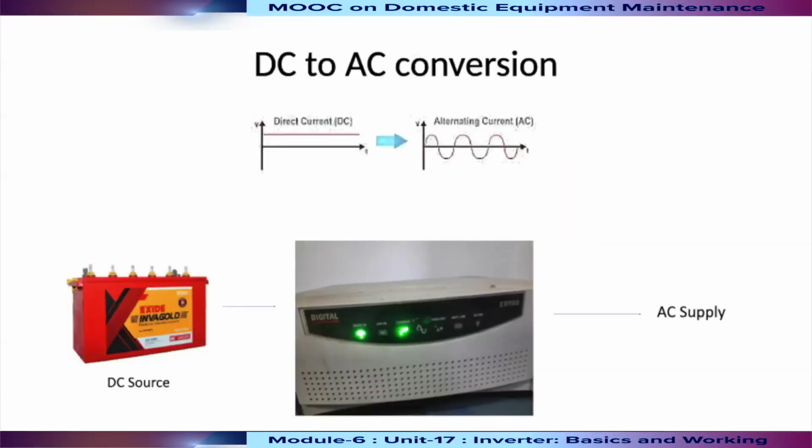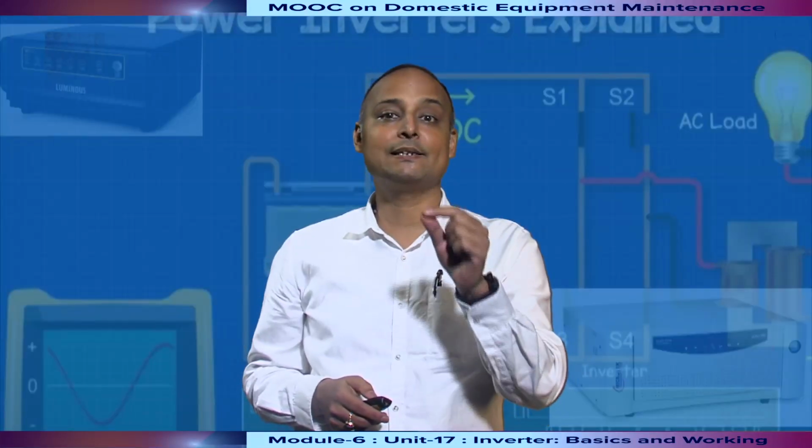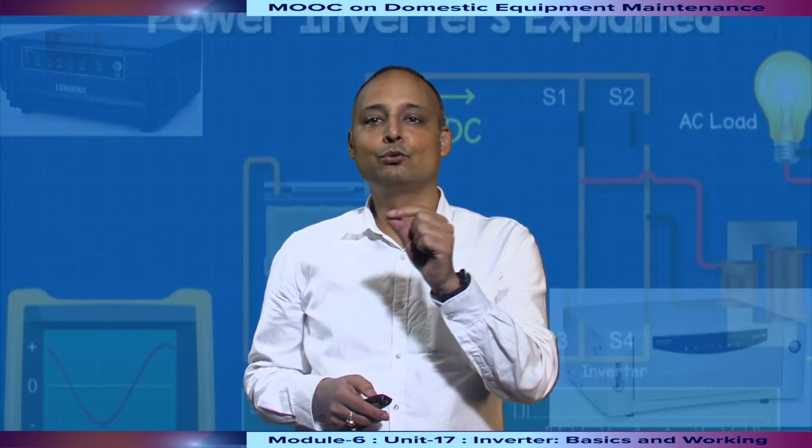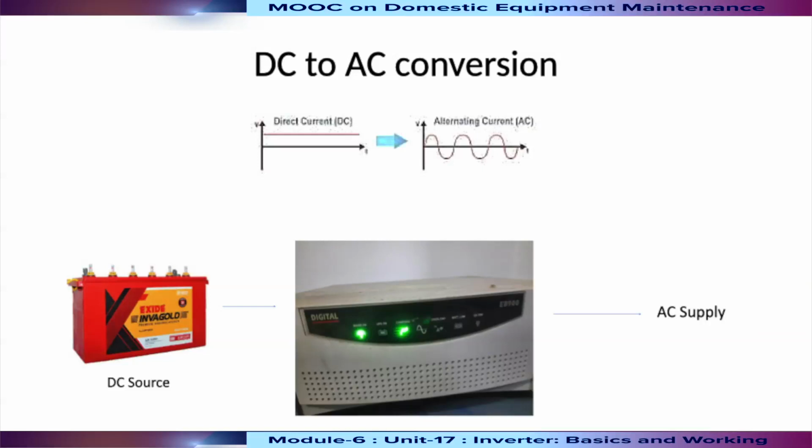An inverter consists of three essential components: a battery, a charger, and the inverter itself. The battery supplies the DC power needed to drive the inverter. The charger ensures that the battery is always charged to its maximum capacity, and the inverter converts the DC power into AC power.